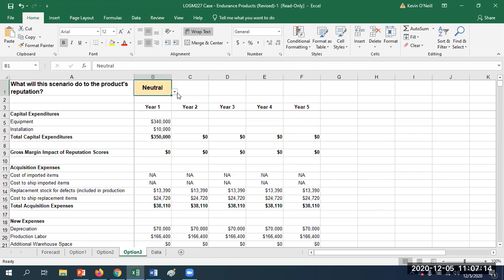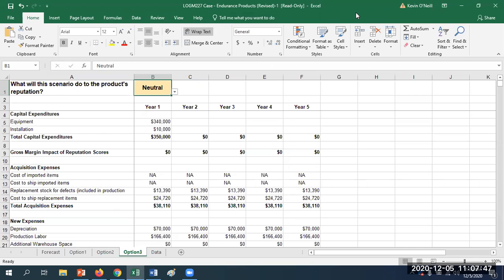For each one, you're going to have to decide what the effect is going to be, whether it's positive, negative, or neutral. You'll be able to look at these numbers yourself. You could decide that making it is going to be positive, but if you don't recover the $350,000 capital expenditure in any reasonable period of time, you're going to start saying, well, so what?